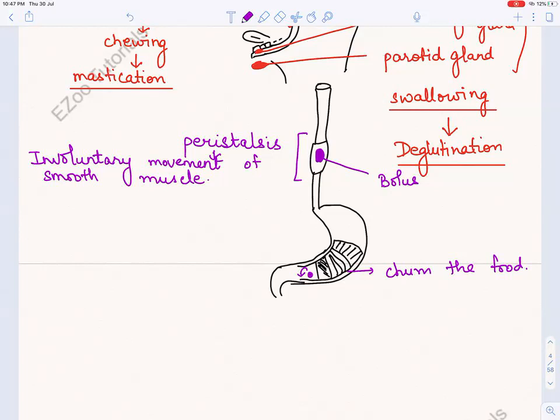It mixes the food. And it mixes the food with what? It secretes acids, it secretes pepsin, many other things, mucus. So these muscles are helping in churning or mixing the food, right?